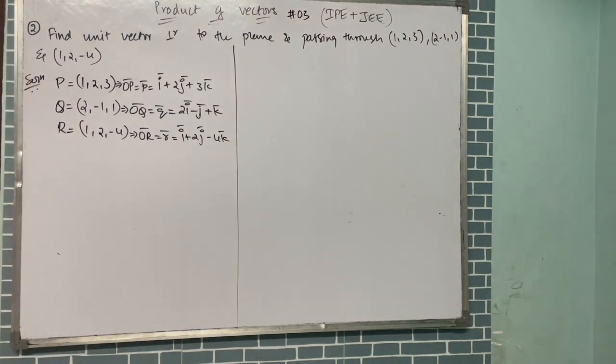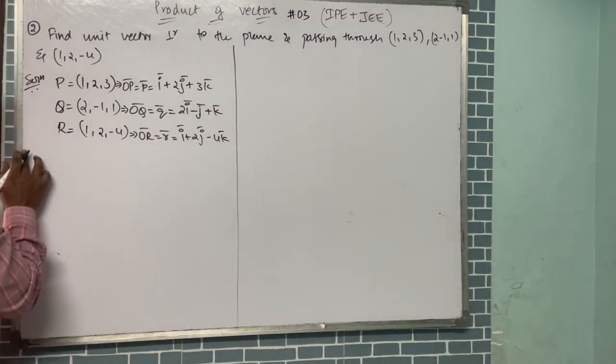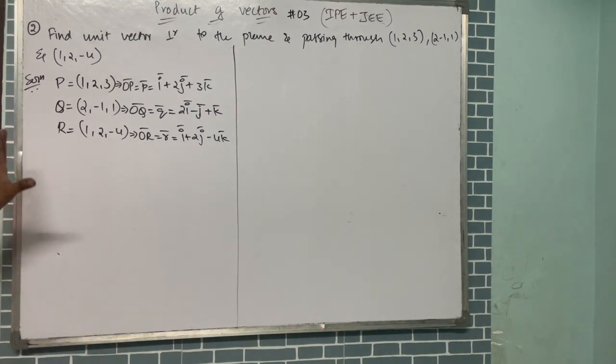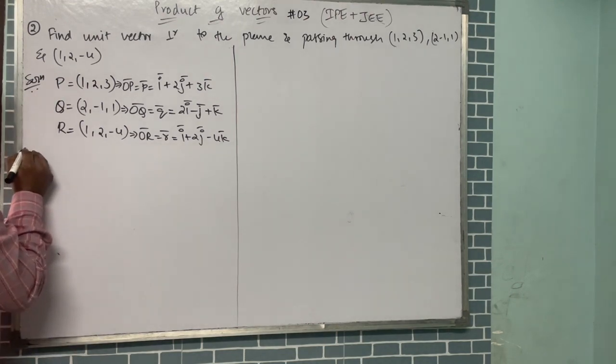Getting the idea, everyone? So this is how we need to convert the points into vectors.